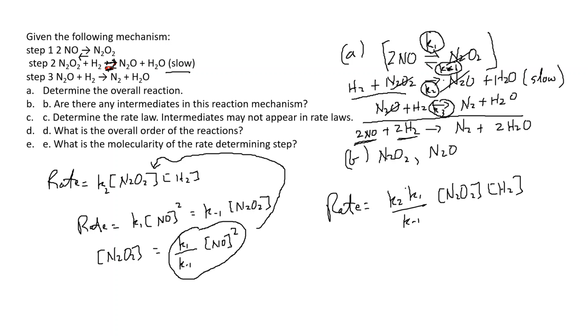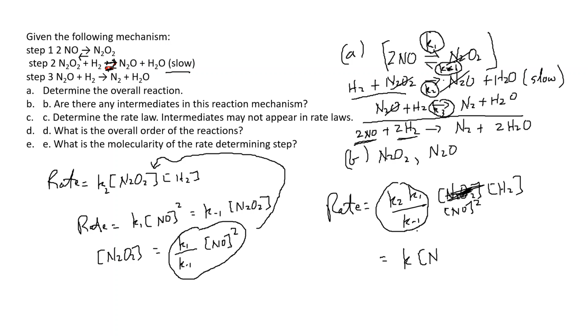All right, and since we have a collection of constants here, we can simply replace that with K times concentration of N. Oh, by the way, I'm sorry, this here should be replaced by NO squared. So this should be the concentration of NO squared. My fault. Okay, let me scratch this out.